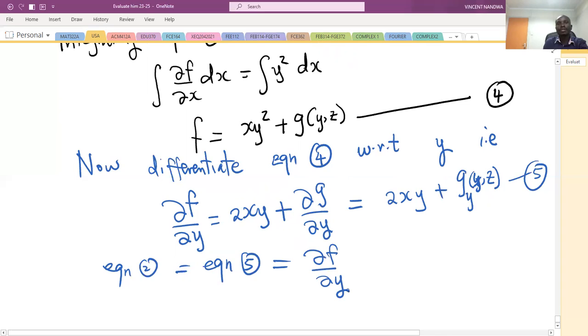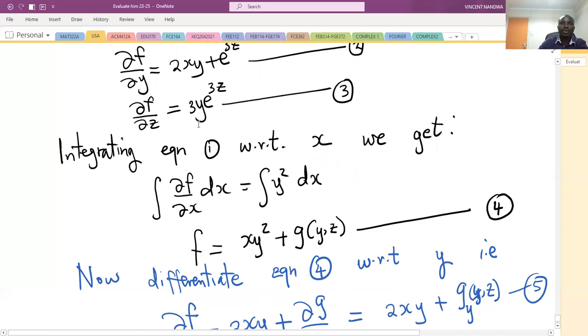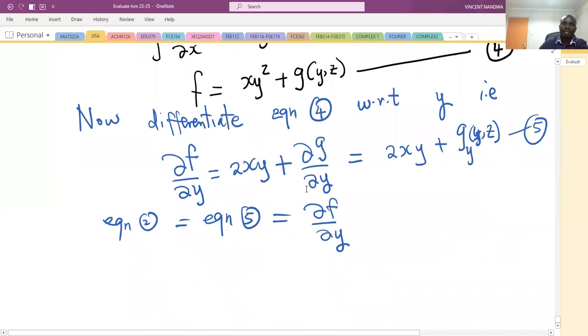So the expressions for partial f partial y in 2 and 5 can be equated. We have 2xy plus e raised power 3z, and we equate it to 5, which is 2xy plus partial g partial y.